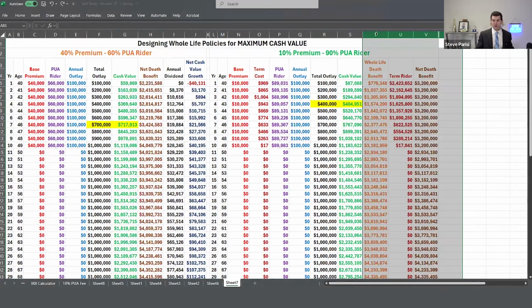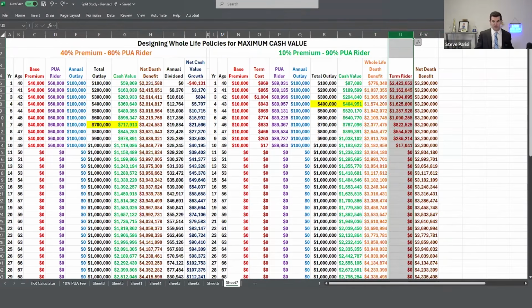So what we like to do here is show my whole life death benefit, my term rider death benefit, and then my net death benefit, in this case, of $3.2 million. This is a 1-year term insurance rider that decreases as my whole life increases. And when I add the two together, I'm at the net death benefit of $3.2 million.